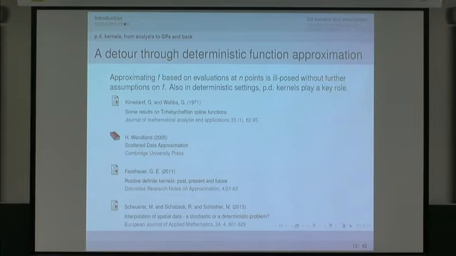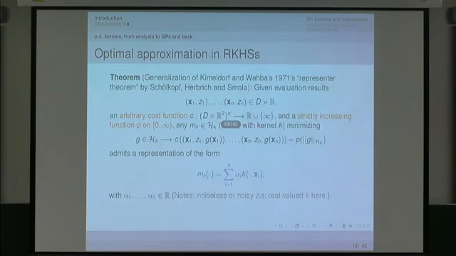It's a fantastic paper. There is also this very nice recent paper by Scheurer, Schaback, and Schlather about interpolation of spatial data. Is it a deterministic or a stochastic problem? And here is the representer theorem that has been generalized by Scholkopf and co-authors. I will not comment on that right now.